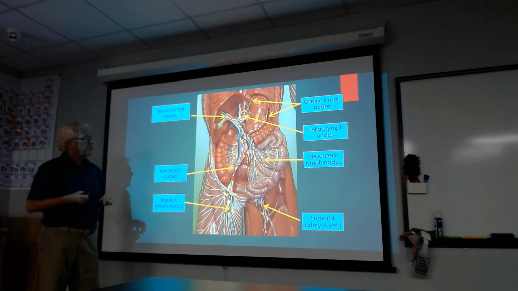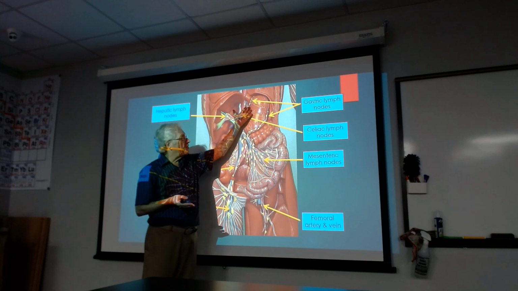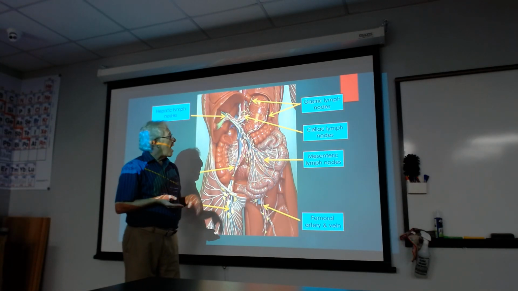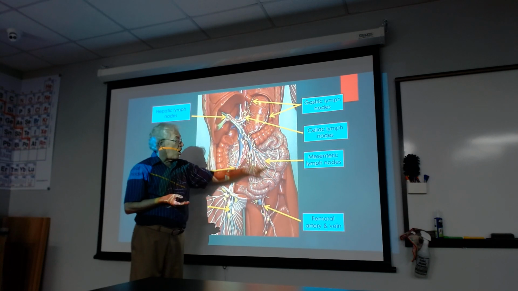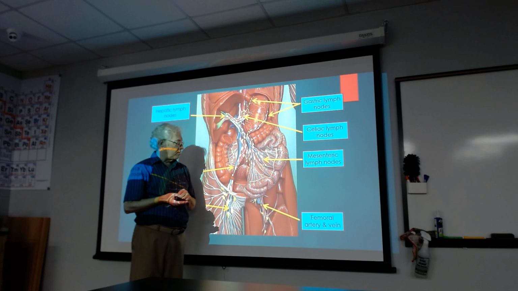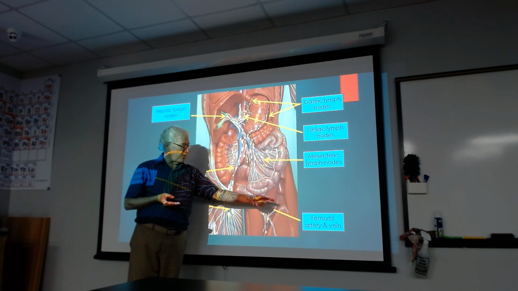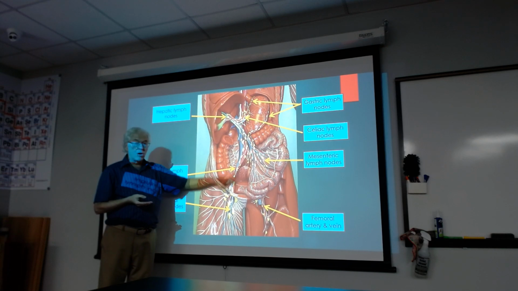Here we are, further down in the abdominal region. Gee, what would I call lymph nodes on the stomach? Gastric. How about lymph nodes on the celiac trunk? Celiac. How about on the mesentery, which is the connective tissue? Mesenteric lymph nodes. How about on the femoral artery? Femoral lymph nodes. Got it? How about here on the inside?